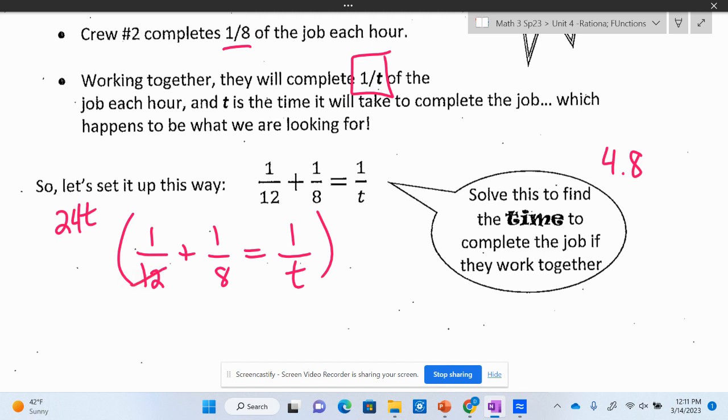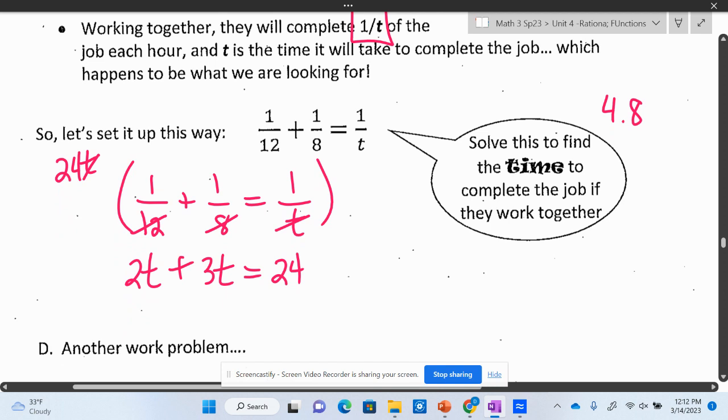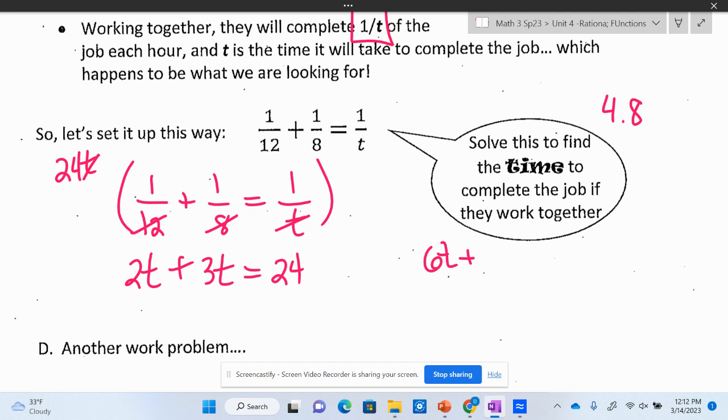12 will go into 24 how many times? So I have 2t plus 8 will go into 24 how many times? 3. So 3t. And t over t crosses out, so that leaves me with 24. 2t plus 3t, and when I did it, I got 6t plus 4t equals 48.